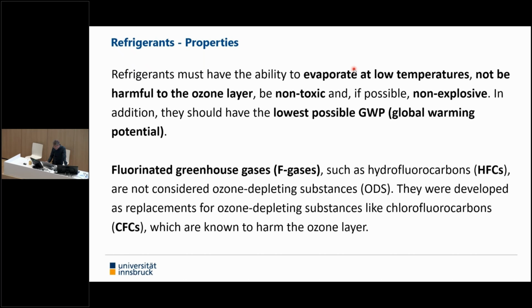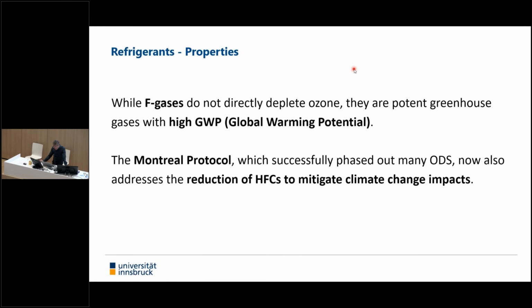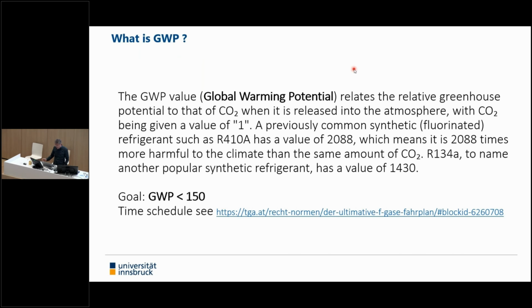But these F gases, well, they don't directly deplete the ozone, but they are potent greenhouse gases with high GWP, with high global warming potential. So the Montreal Protocol, which successfully phased out many of these ODS, now also addresses the reduction of these HFCs to mitigate climate change impact. So the European community regulates these and says we have to reduce the emission of these gases.